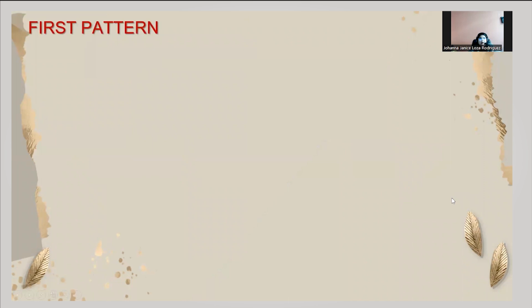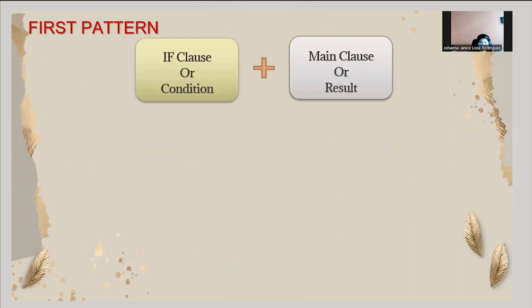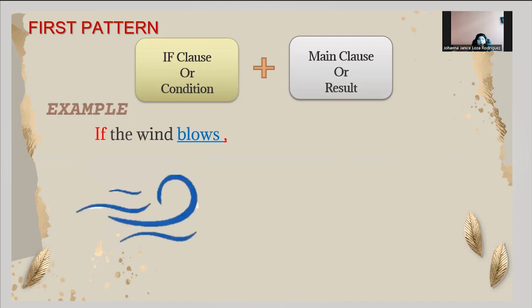Here we have our first pattern. You can make a condition using first the if clause or the condition, and then the main clause or the result. For example, if the wind blows.